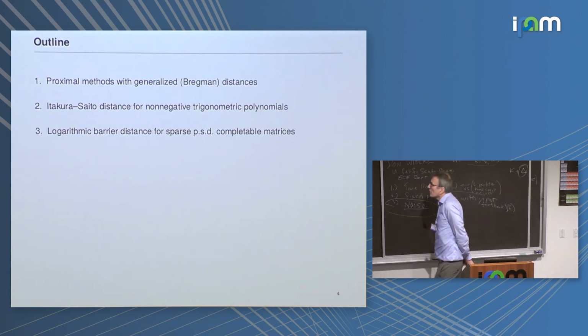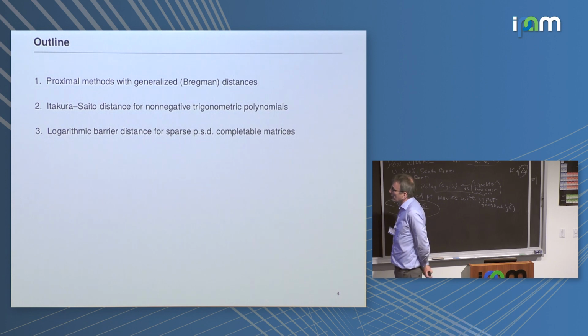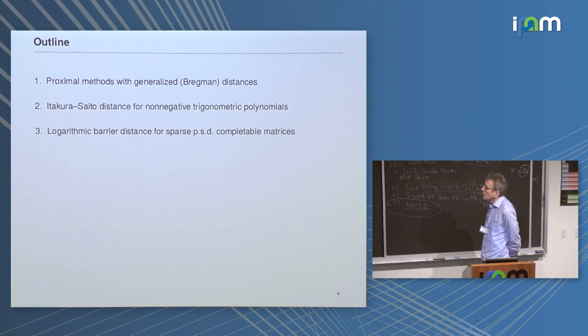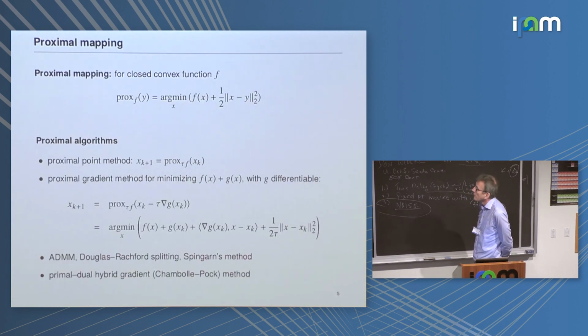We look at these two types of applications, sparse SDP and trigonometric non-negative polynomials, and then try to reduce this n cubed or higher complexity by defining proximal methods that involve generalized distances. So I'll start with some background on proximal or Bregman distances.